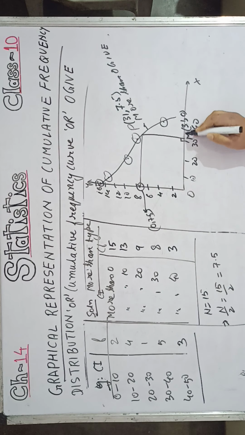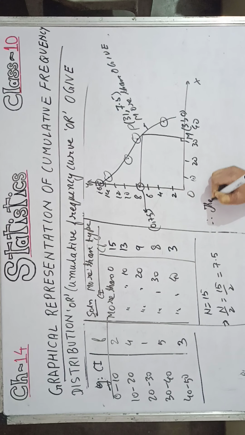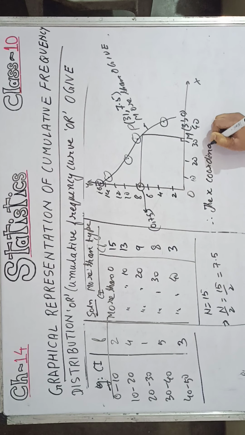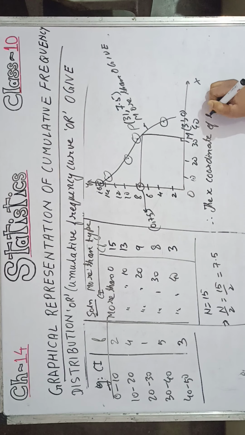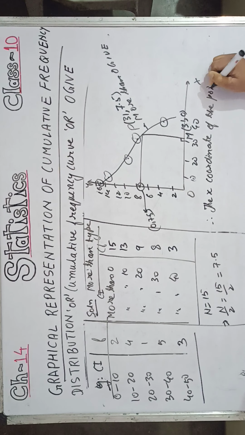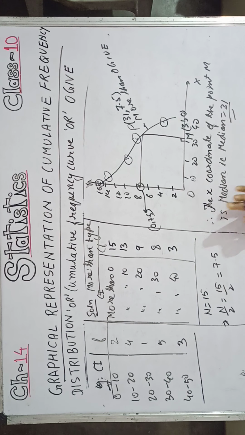Wherever it intersects the x-axis, that point is M, 31 comma 0. Therefore the x coordinate of the point M is the median value. That is, median equals 31.